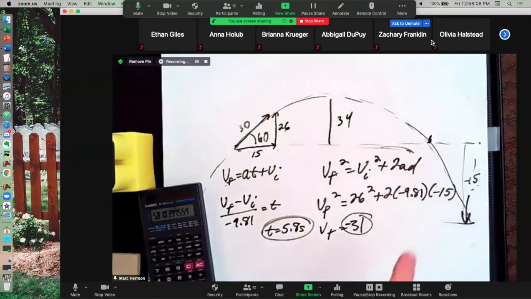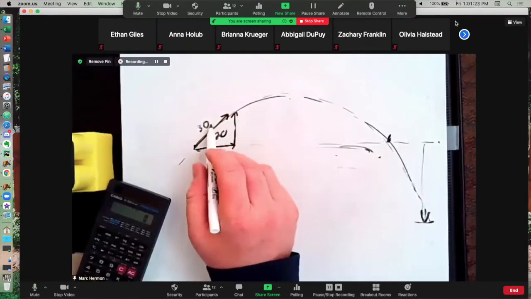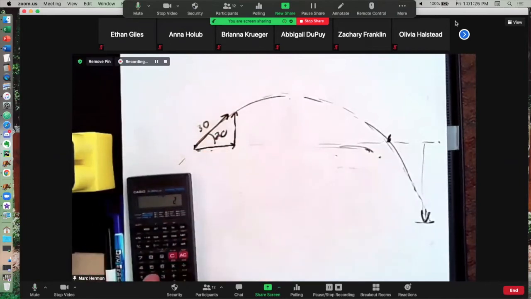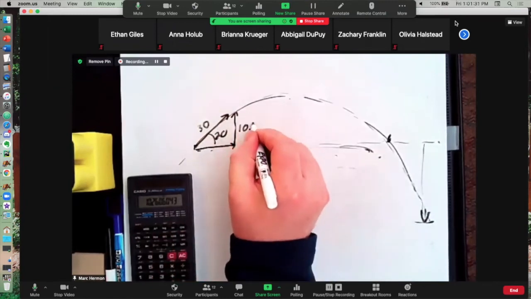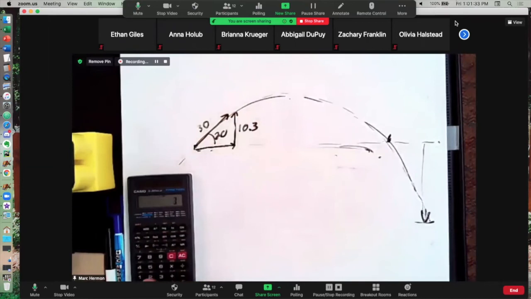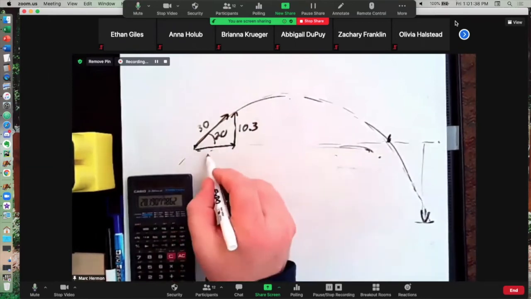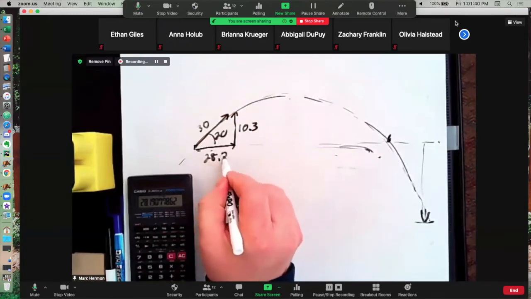So you can find the height of this thing pretty easy from wherever you're at. 30 sine of 20, 30 times sine 20. This is a 10.3. And 30 times cosine 20. This is a 28.2.